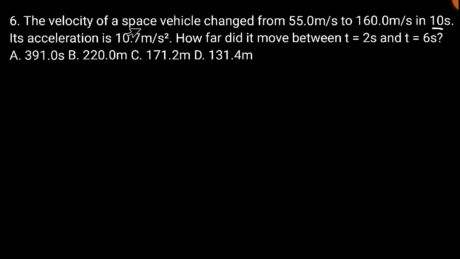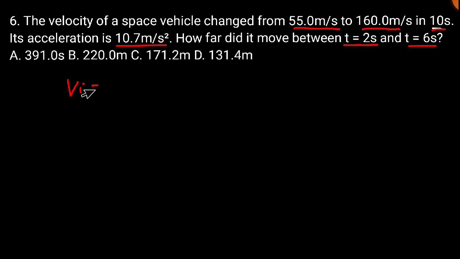The velocity of a space vehicle changed from this to this in 10 seconds. Its acceleration is 10.7 meters per second squared. How far did it move between t equals 2 seconds and t equals 6 seconds? So here, this 55.0 is the initial velocity.